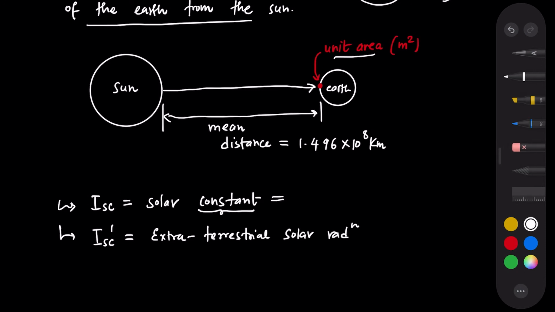Now ISC, solar constant, is a constant value and it is calculated on the basis of the mean distance between the sun and the earth.